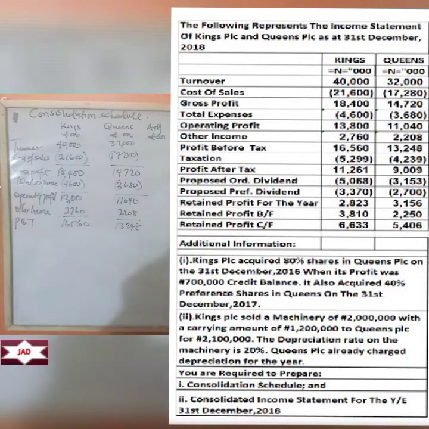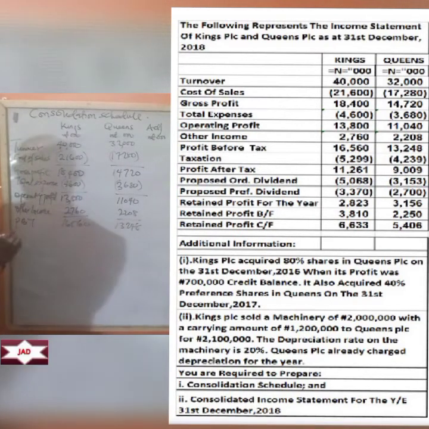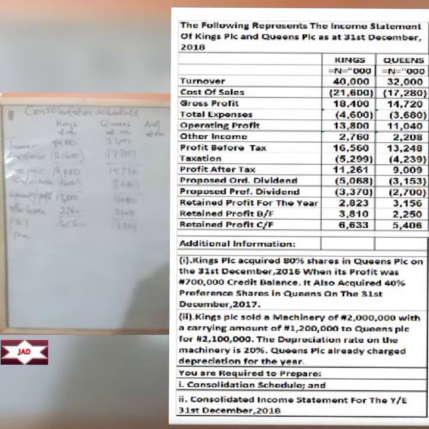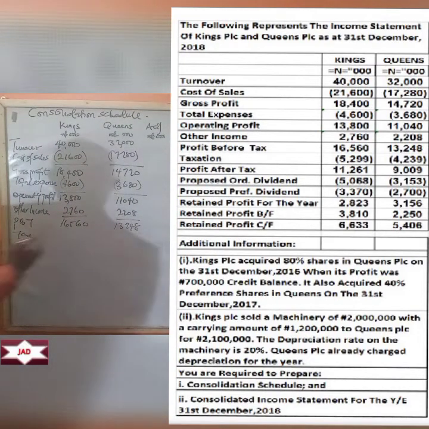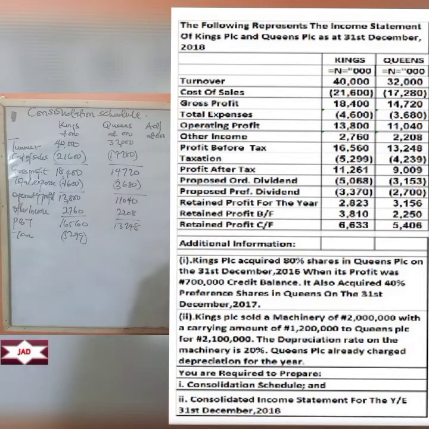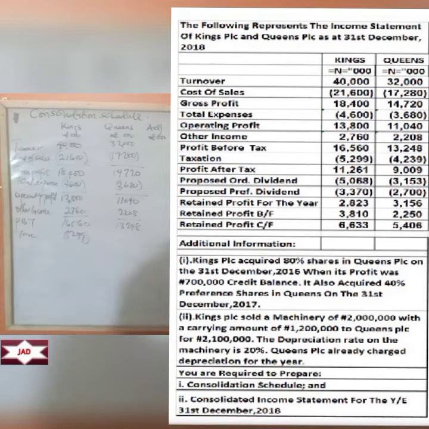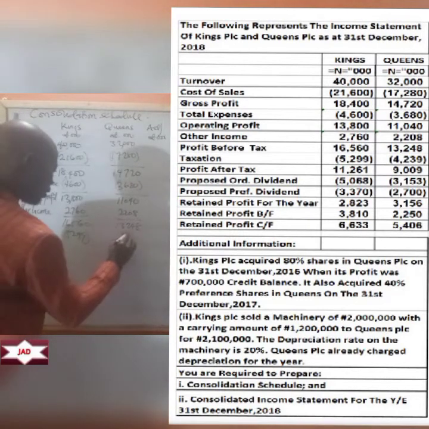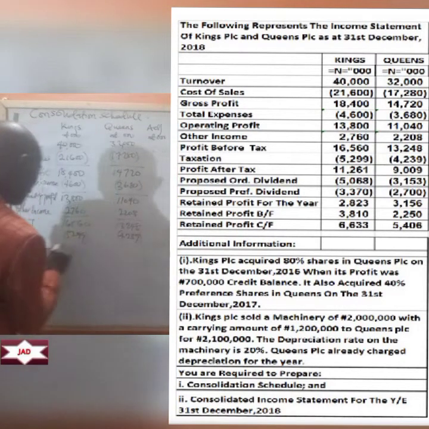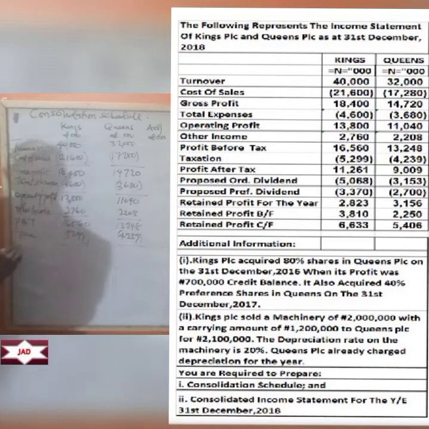Then we have tax. What's the tax then? 5,299, then we have 4,239. We have profit after tax.